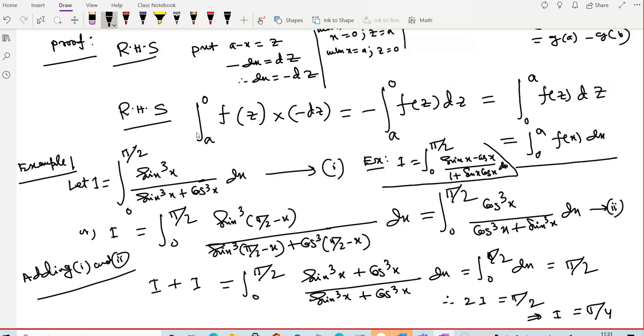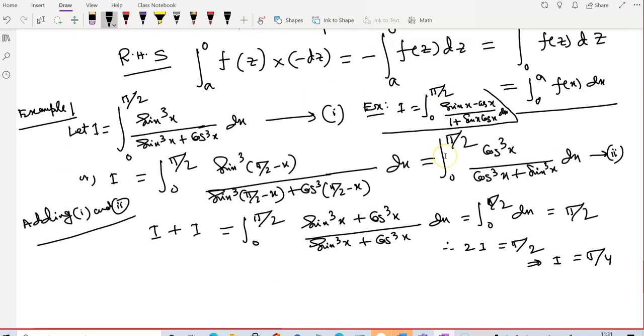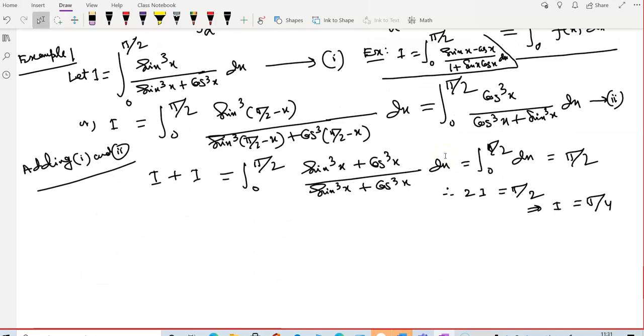Try to get it before I start. By using the third property only, that ∫₀ᵃ f(x) dx equals ∫₀ᵃ f(a − x) dx.